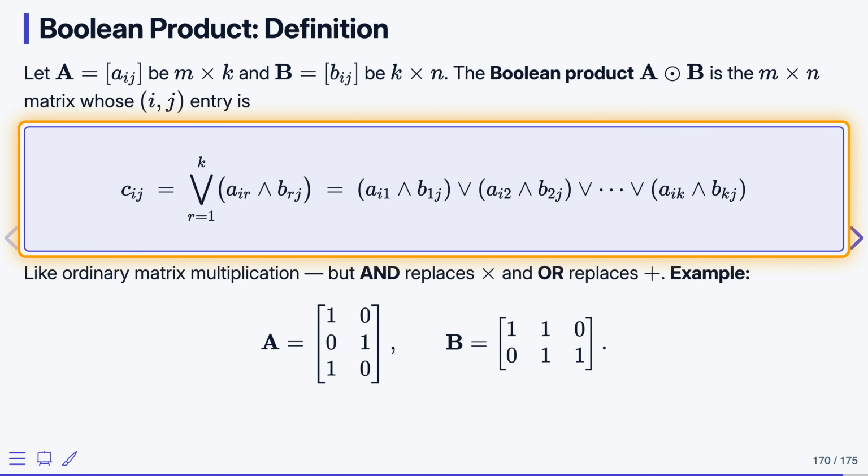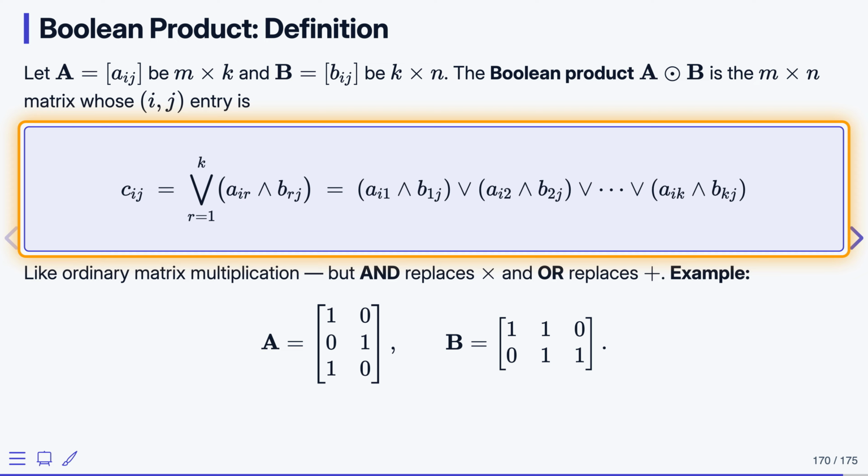Now the Boolean product. Written A with a circled dot B, the sizes must match the way they do for ordinary matrix multiplication. A is m by k, and B is k by n. The inner sizes must agree, and the answer is m by n. To get the entry in row i, column j, we walk across row i of A and down column j of B and pair them up: a sub i1 with b sub 1j, a sub i2 with b sub 2j, and so on.